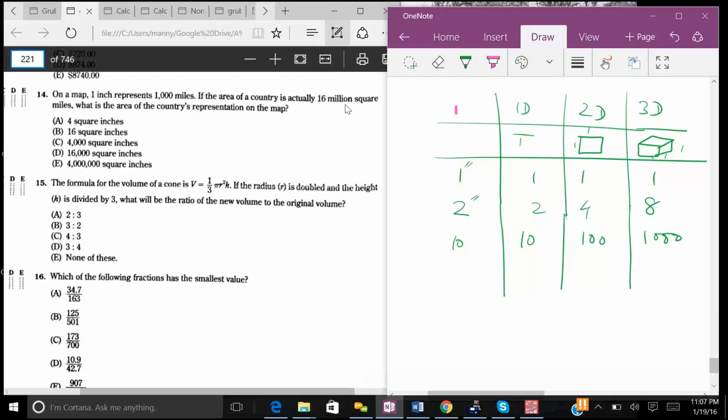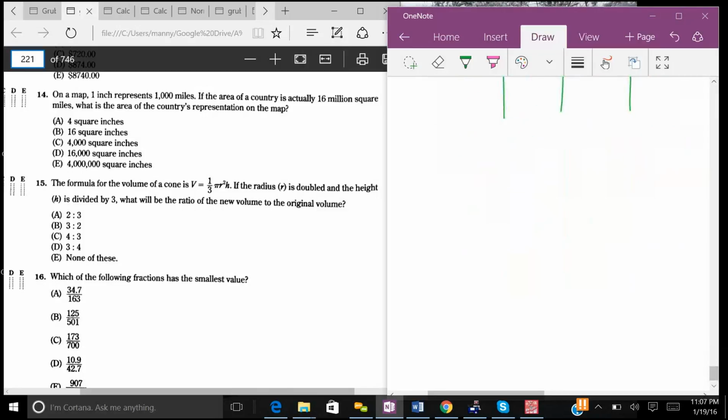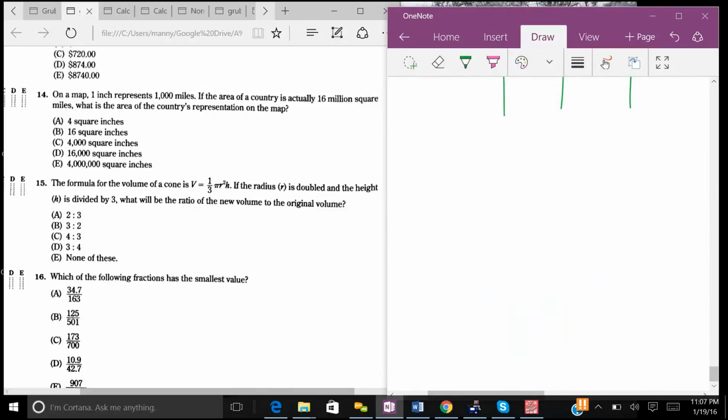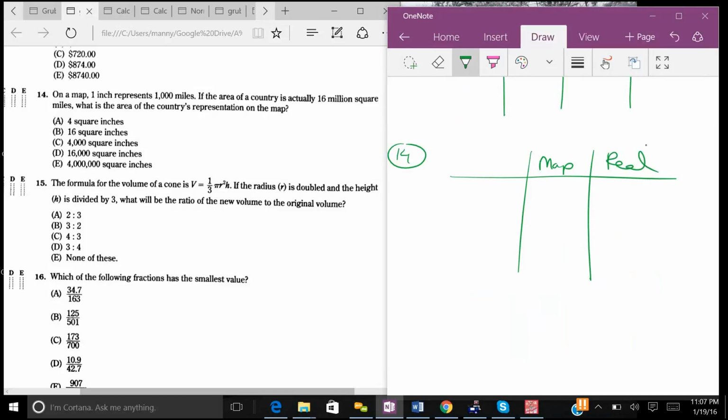So in this question, they gave us a clue with 1D, and they gave us a question on 2D. That's where they trapped you. So, map, real. What's the clue?